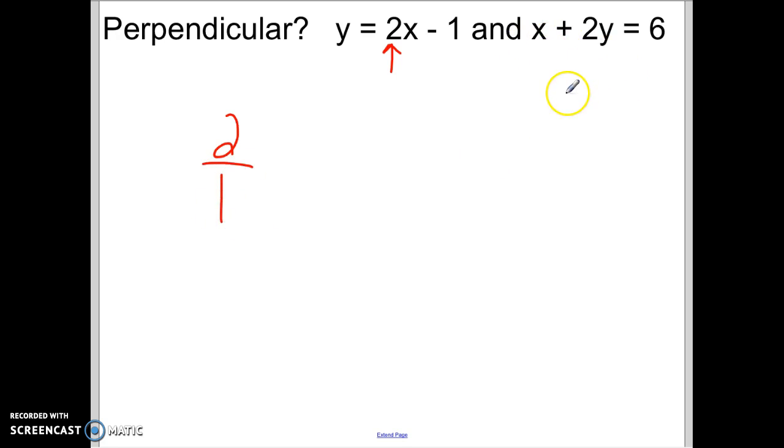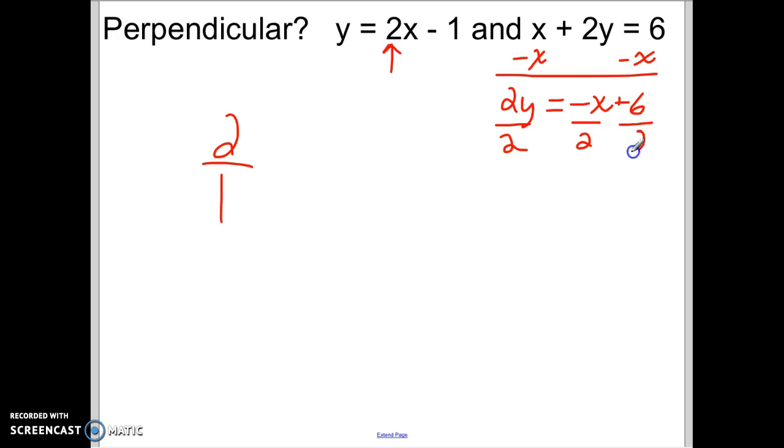This equation here I need to change into slope-intercept form. So I'm going to subtract x from both sides, and that's going to get my y variable by itself. Once I do that, I see I have 2y equals negative x plus 6. Once I divide everything by 2, I'll find that I have an equation in slope-intercept form.